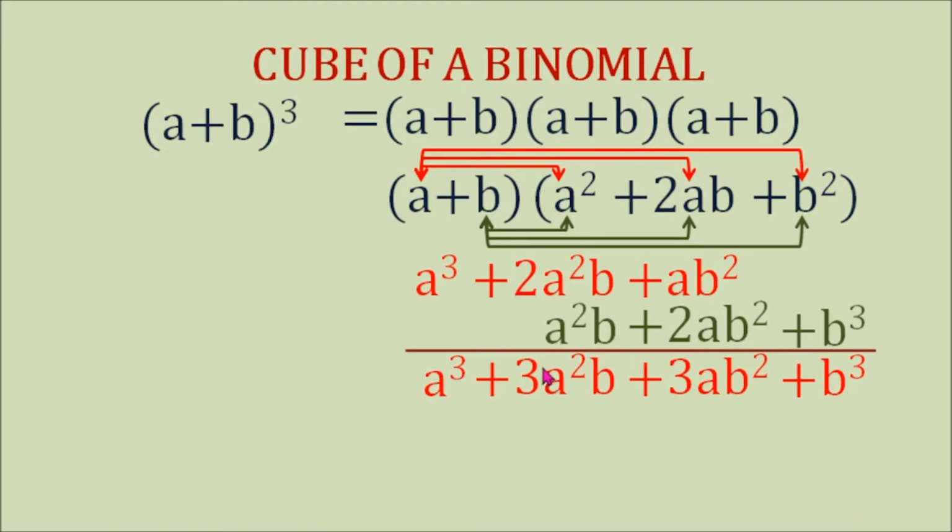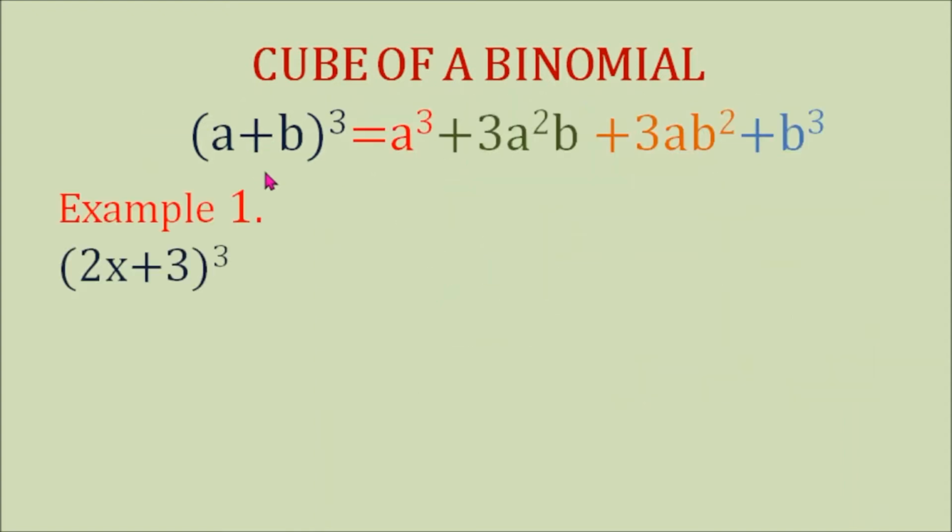And also, we have 3 as the coefficient of the second term, and 3 also is the coefficient of our third term. We are going to use this pattern in finding the cube of the sum of two terms.